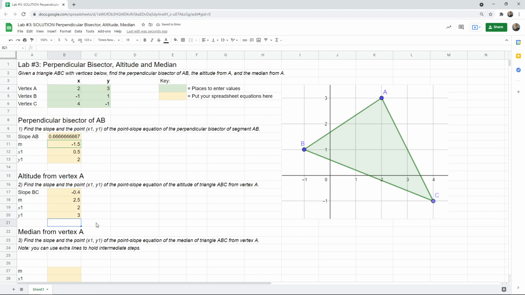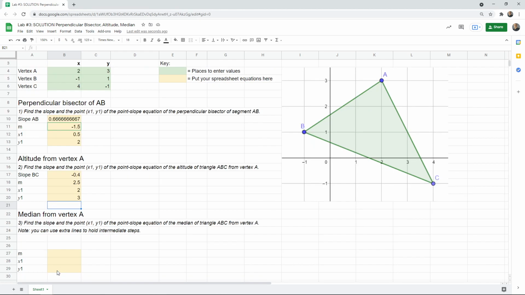Okay, and the last step is to find the median from vertex A. The median goes from A to the midpoint of BC. So now we need the midpoint formula again. And let's do that bit first.